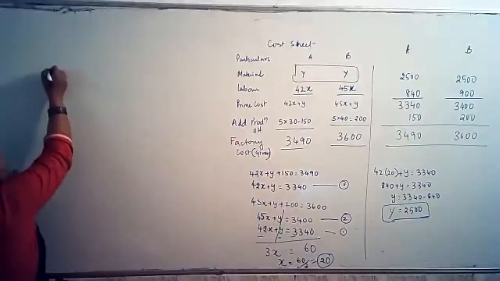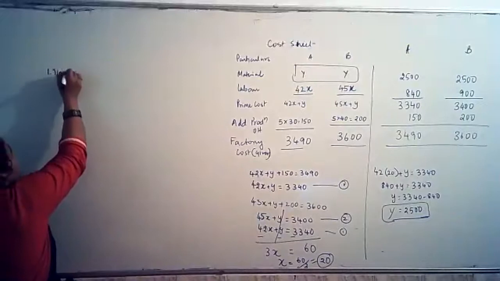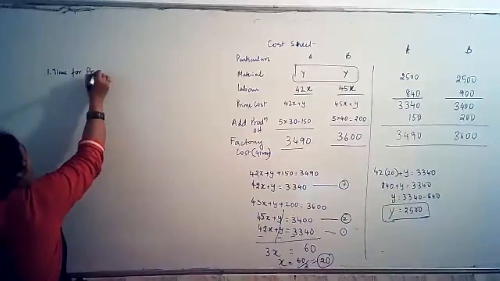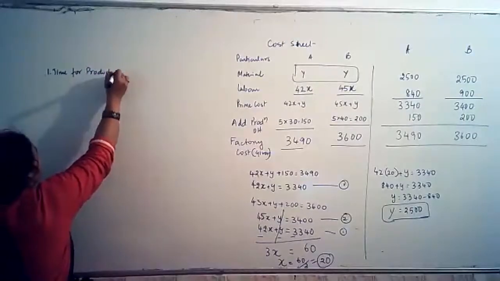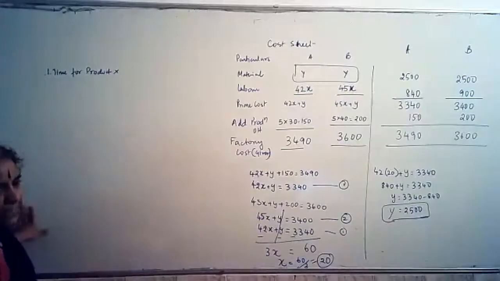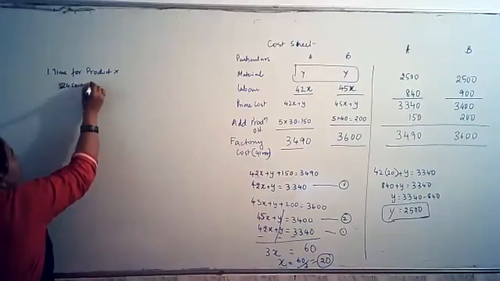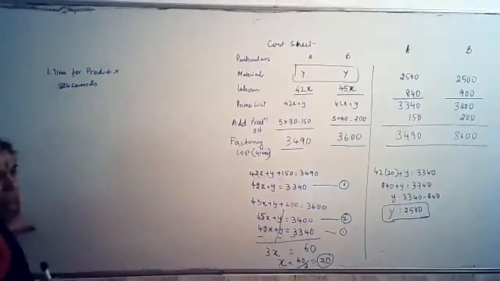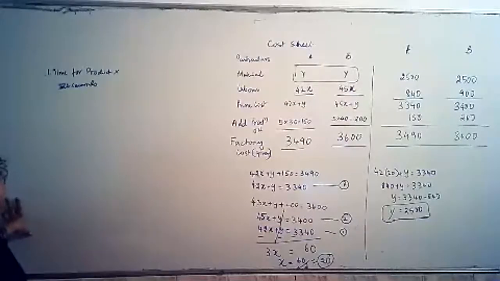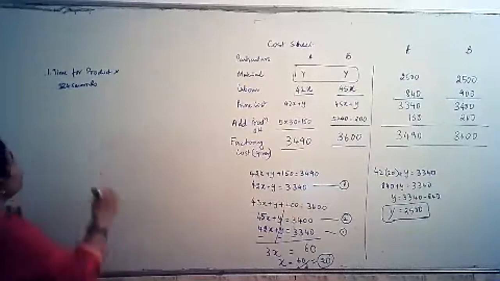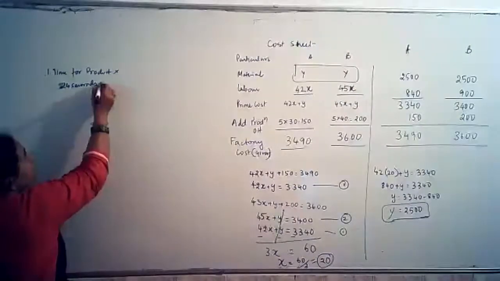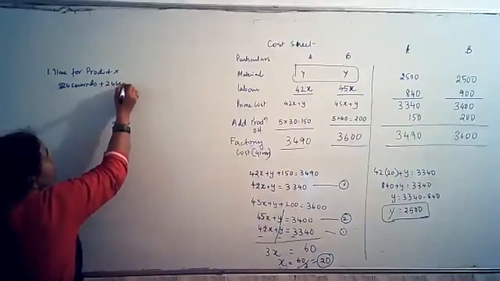So first and foremost, time for product X. How much time does it take? 24 seconds. Plus 100% I will need for relaxation. So I will take 24 seconds plus 24 seconds.